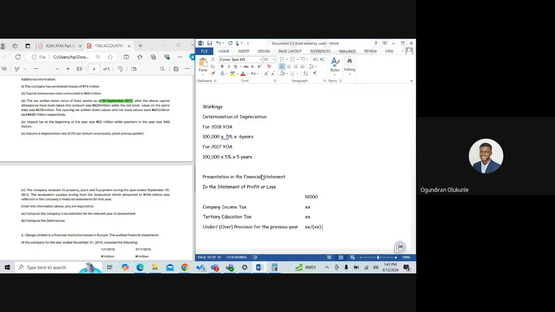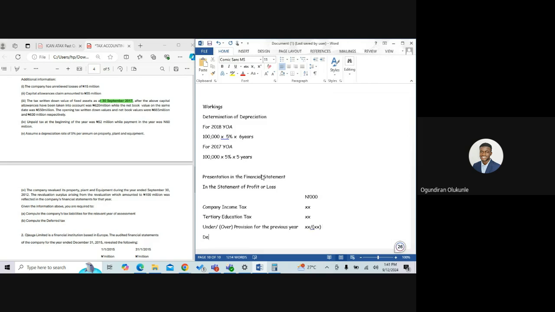So if you don't provide up to the tax amount, you add the difference to the new tax. But over provision simply means you over provided. You provided more than the tax liability. So the implication of that is that you will deduct that from the current year's tax, right?